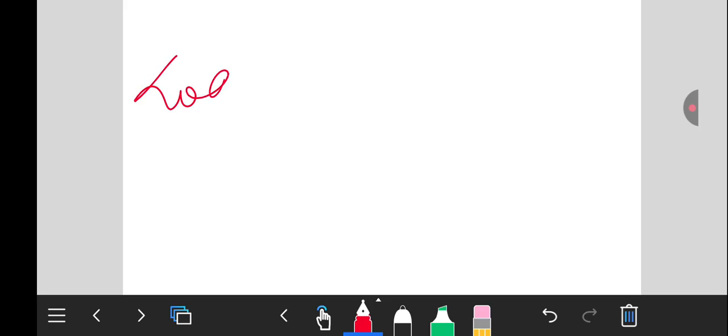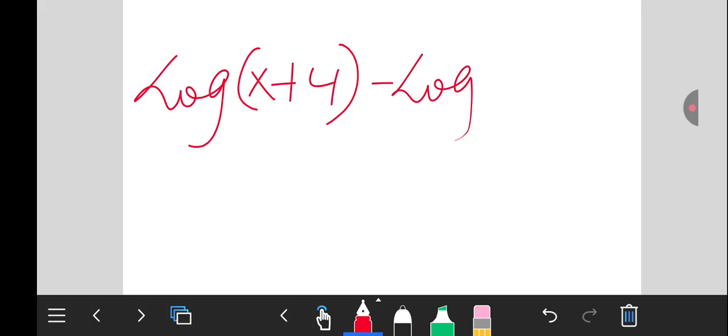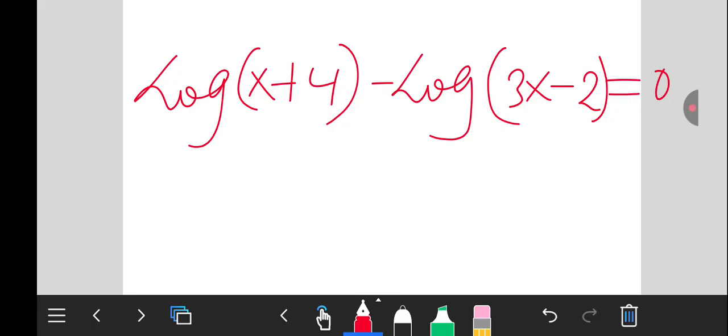So we have log of x plus 4 minus log of 3x minus 2 is equal to 0. Mind you, the bases, these logs are in base 5, not 3. So the bases are in base 5.